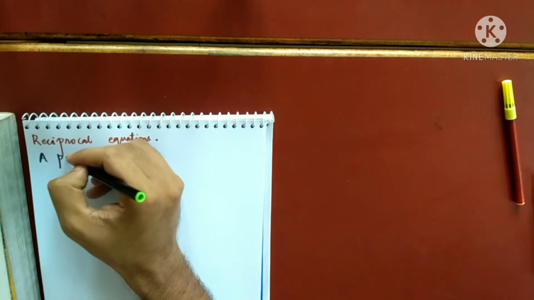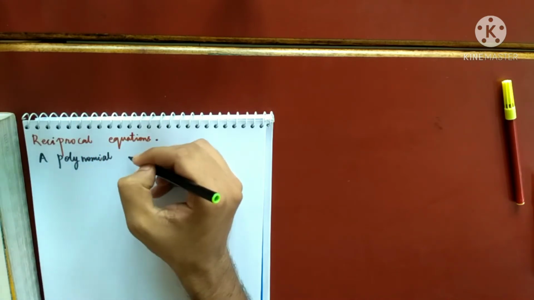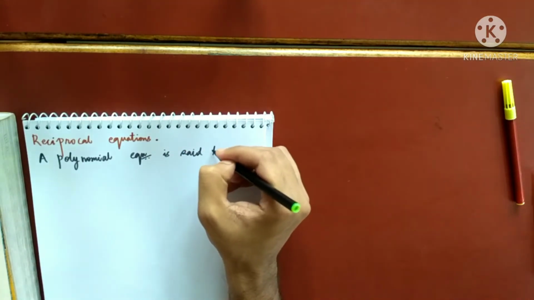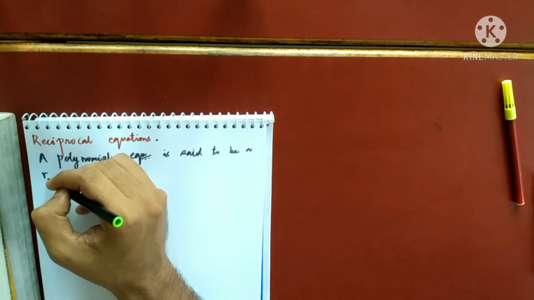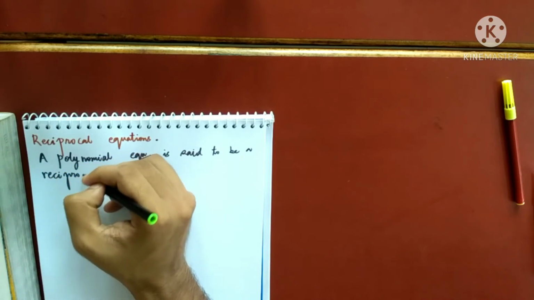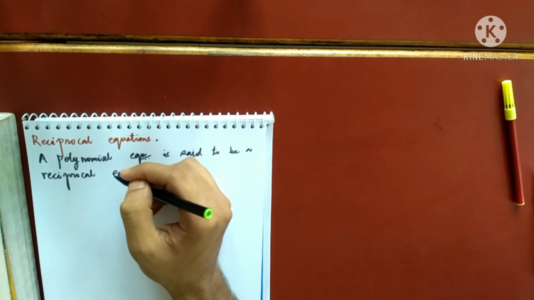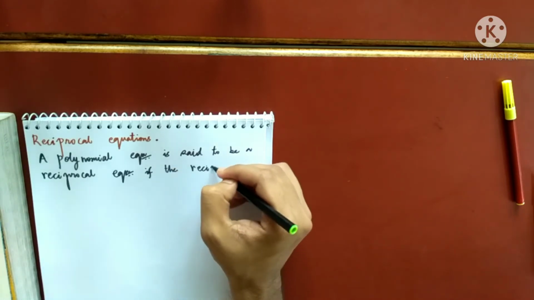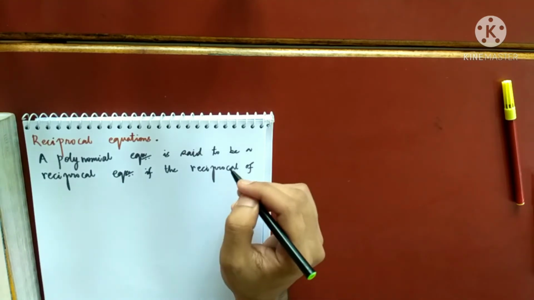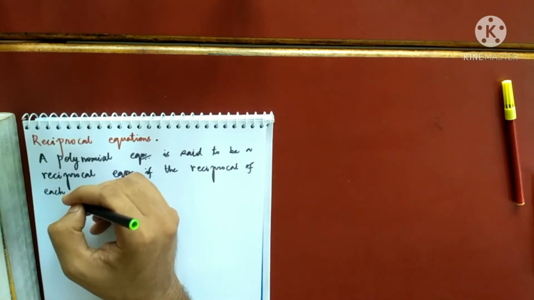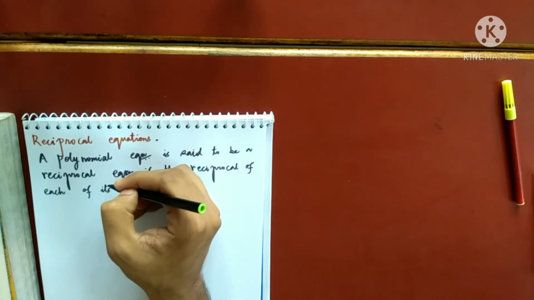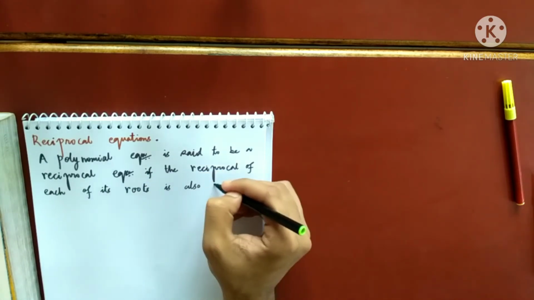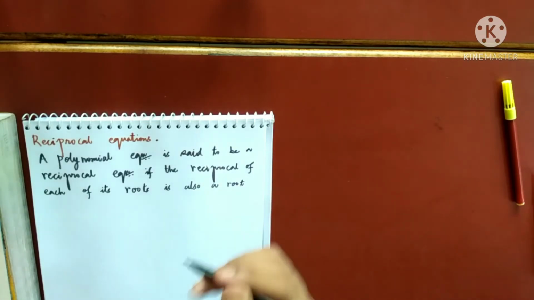Then we call that equation a reciprocal equation. So a polynomial equation is said to be a reciprocal equation if the reciprocal of each of its roots is also a root of it.